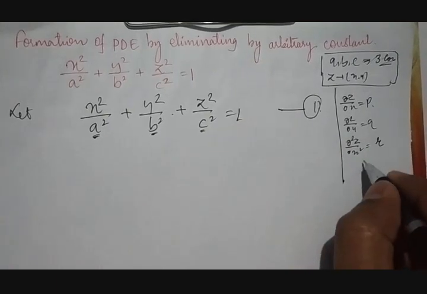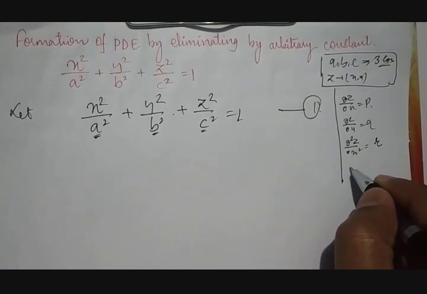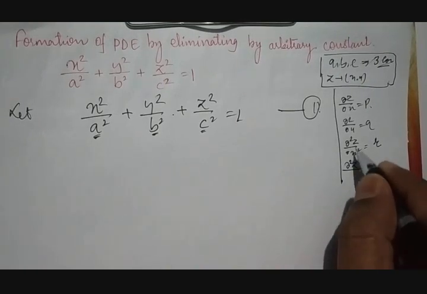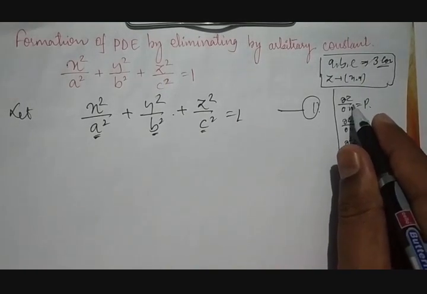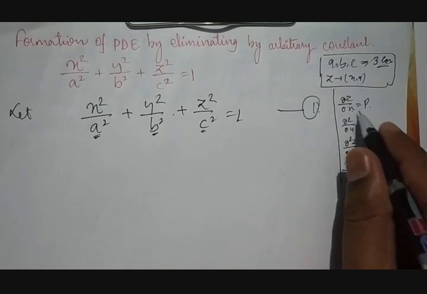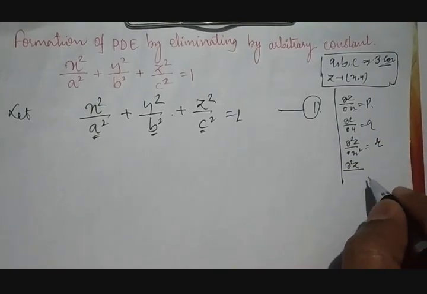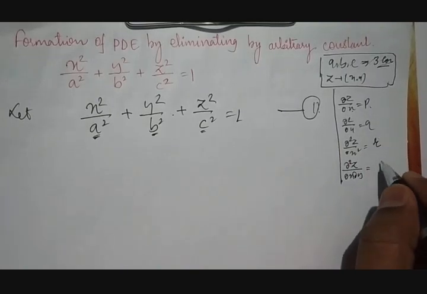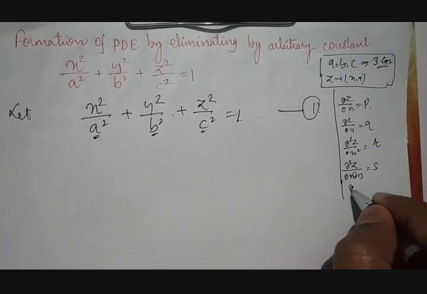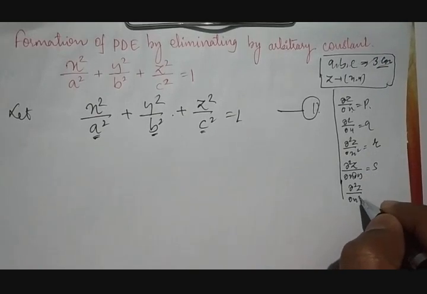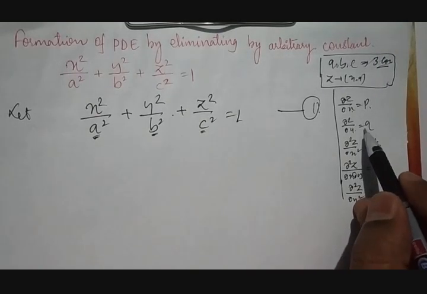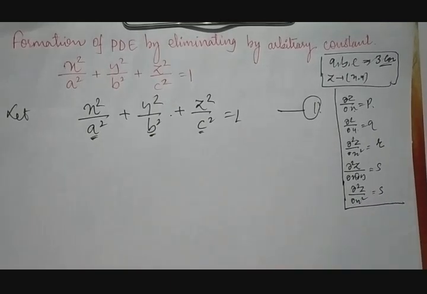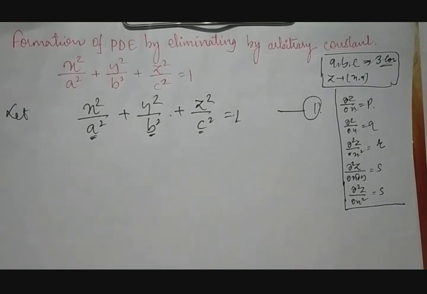If we take the mixed derivative, differentiating with respect to y or x, it becomes dou square z by dou x dou y, which is s. Once again, dou square z by dou y square, differentiating once again with respect to y, is t. These are the notations which we are going to use.